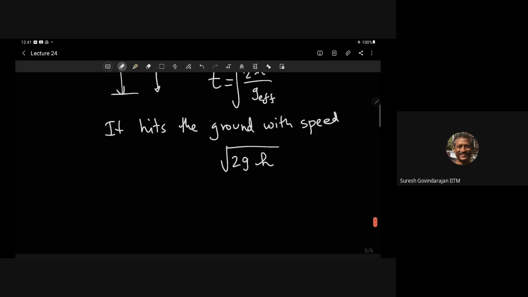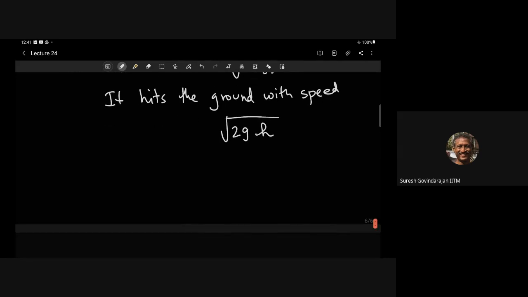Okay, so this is the standard thing which you know from high school. But now what happens? We can see that x i prime dot, or rather in this case x3 prime dot, is not 0. Actually, g effective also has a component along this thing.